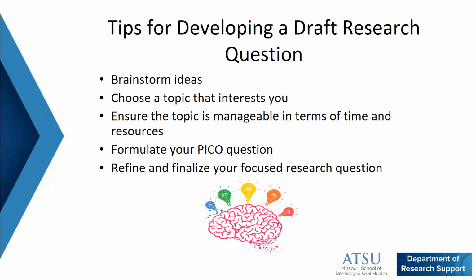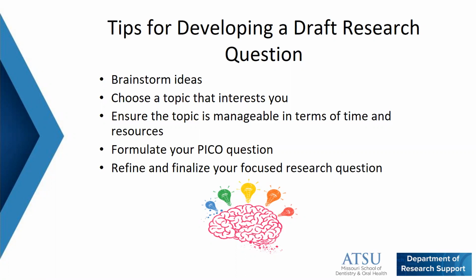What I mean by that is you make sure you have all the equipment, or if you need any personnel or software support, or if you are planning a longitudinal study, you have the time at your side to carry out the research in your setting. Then, keeping all these factors in mind, you formulate your PICO question, and then you refine it and finalize your focused research question.